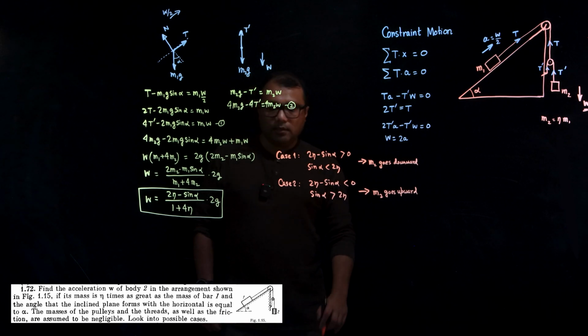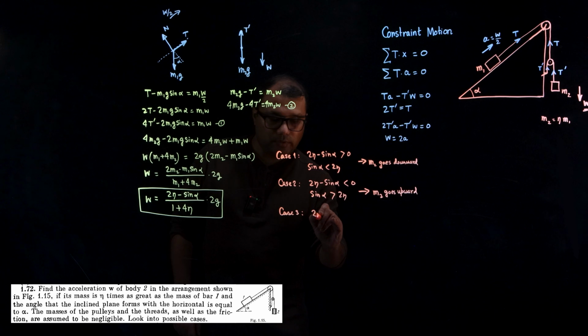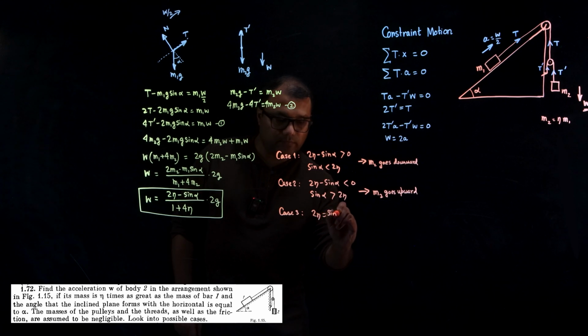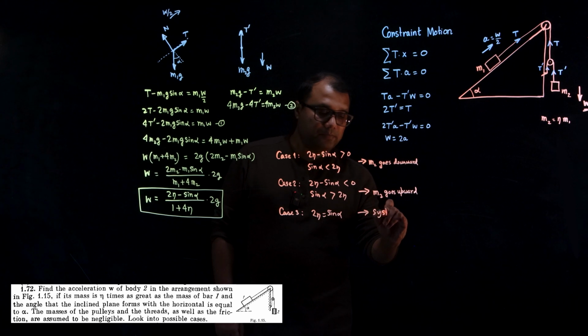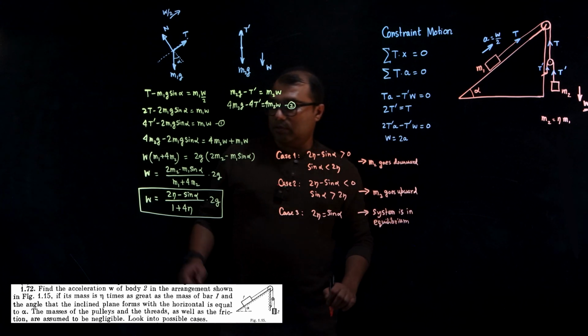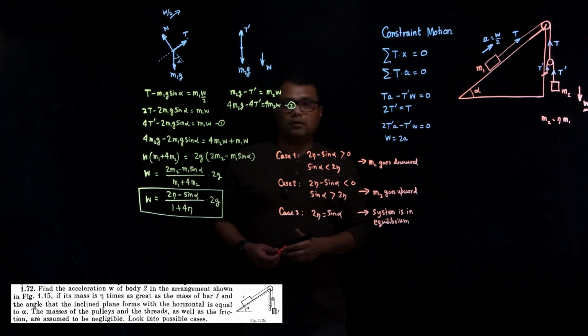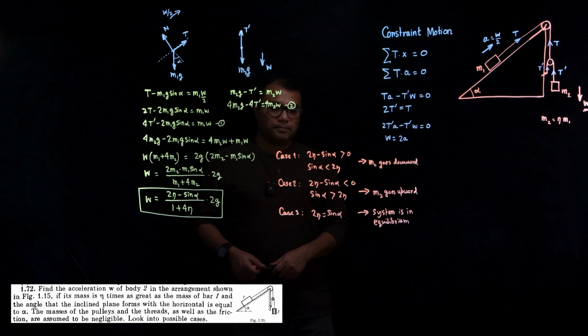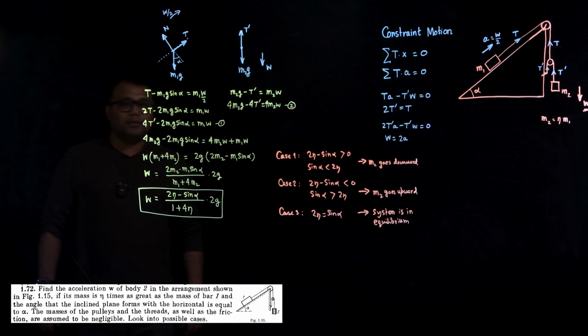And case 3, when 2 eta is equal to sine alpha, then the system is in equilibrium. Why? Because then W will be 0 and both M1 and M2 will not be accelerating. Okay, so that is our answer.